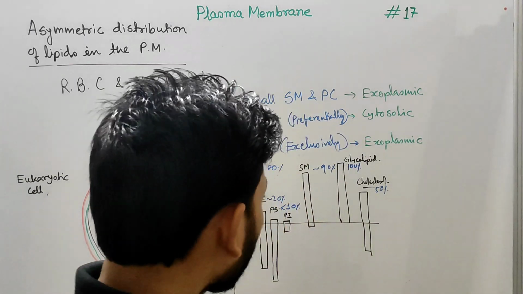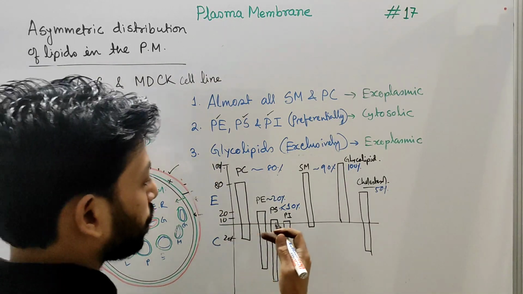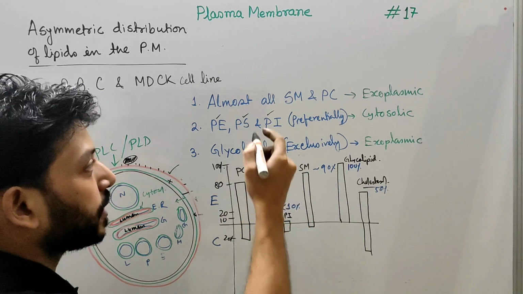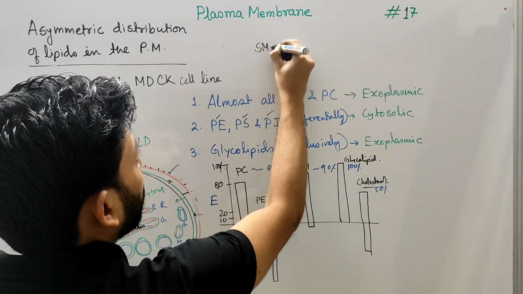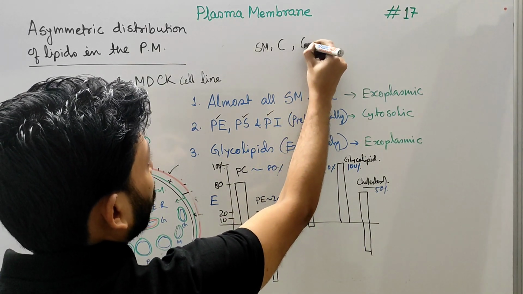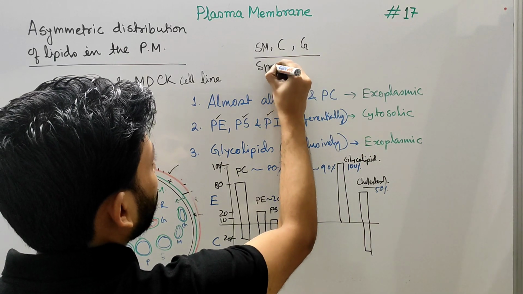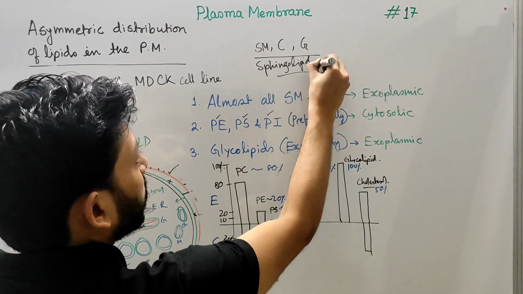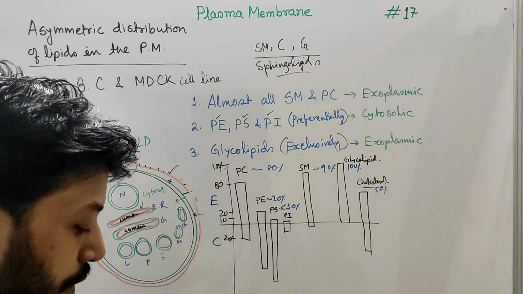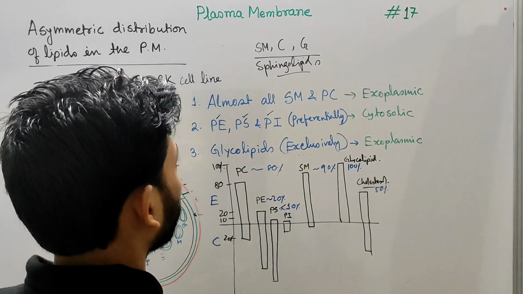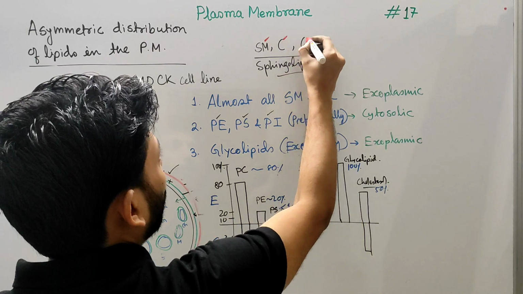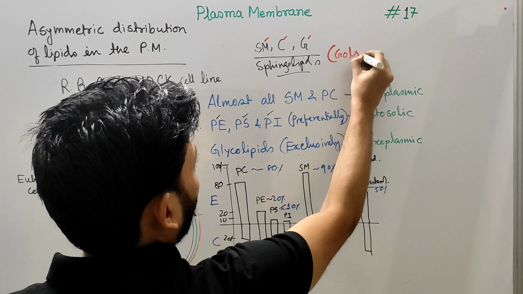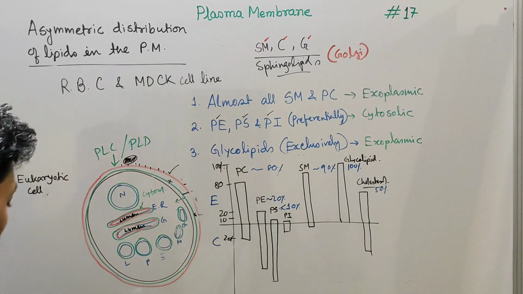Why am I saying this? Because in case of sphingolipids, as I have mentioned, sphingomyelin, cerebrosides and gangliosides are all ultimately generated in the Golgi apparatus, the Golgi body or Golgi complex.